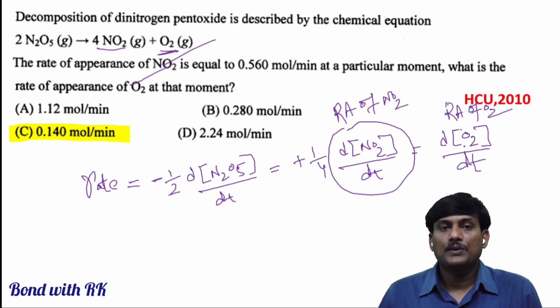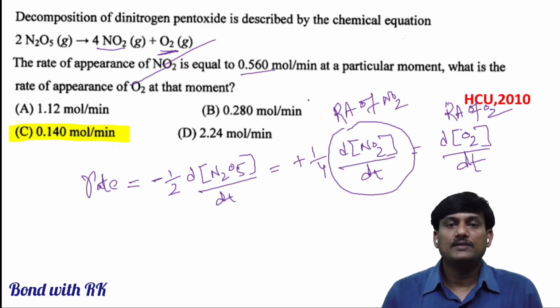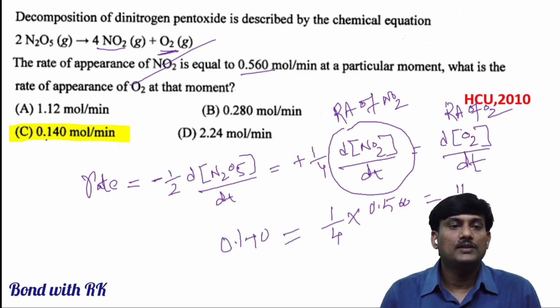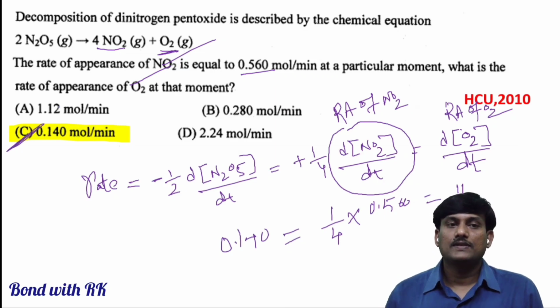Here the rate of appearance of O2 is 1 by 4th of the rate of appearance of NO2. So 1 by 4 into 0.560. Finally you will get the value 0.140 mole per minute. So this is the option.